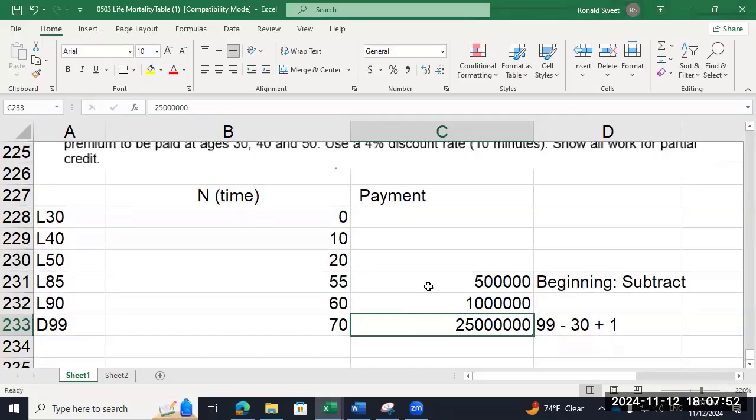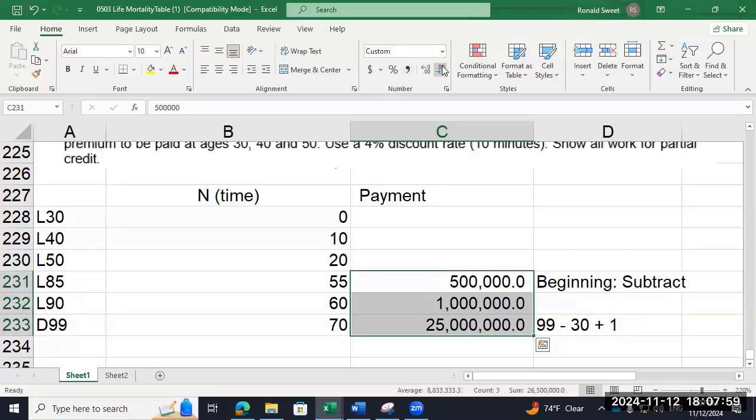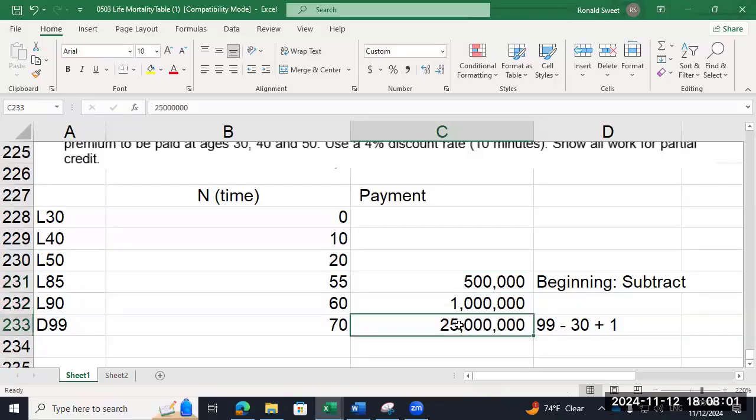So if you make it to 99 and die at 99, you've received 500,000 bucks. You receive $1 million, and when you die, your family receives $25 million. If you die at 98, you get the 500,000, you get the million, but you don't get the 25 million.